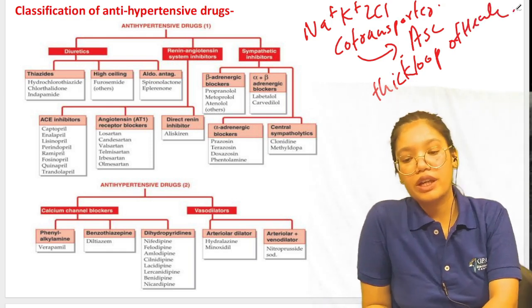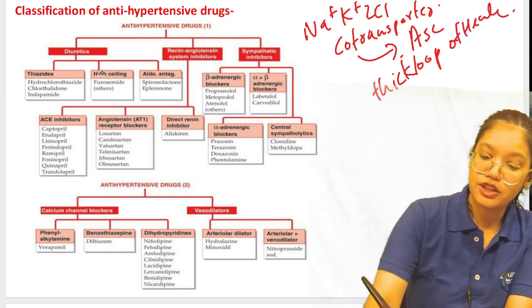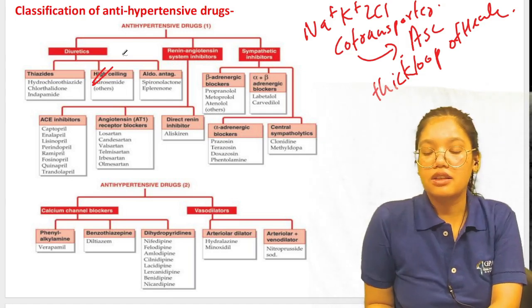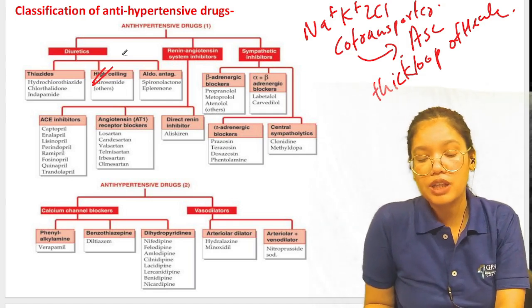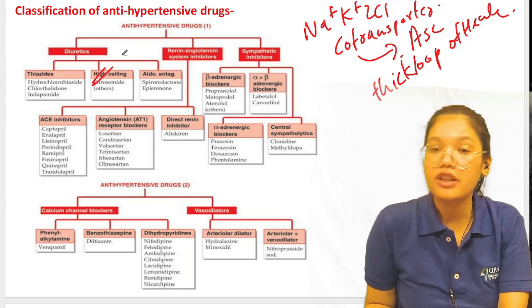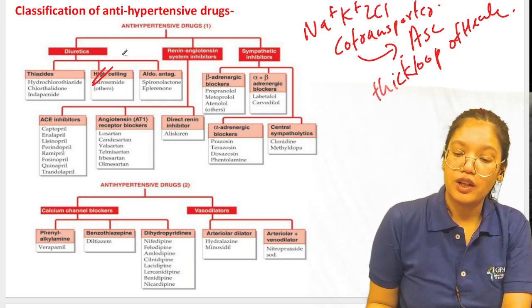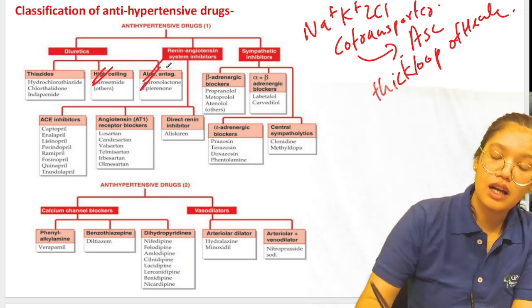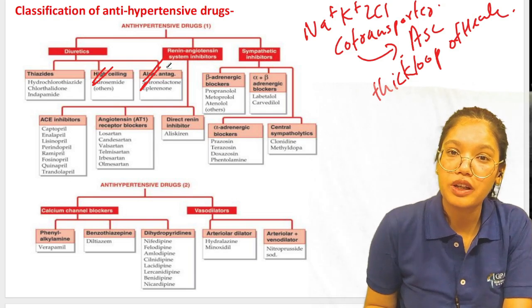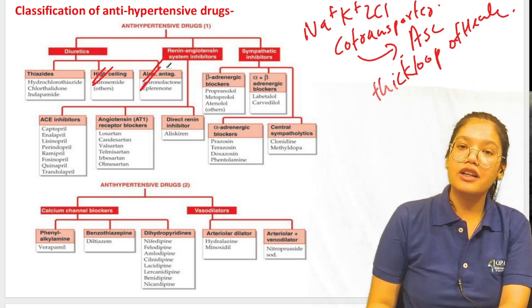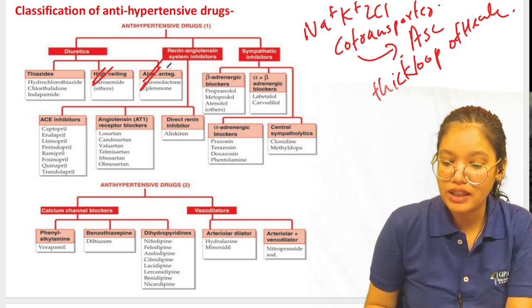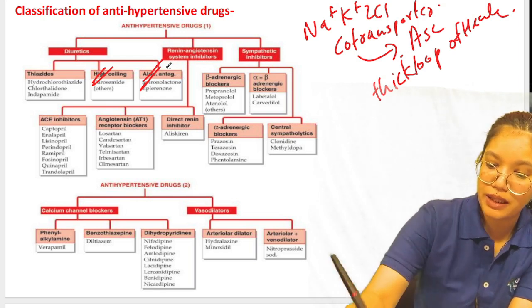Furosemide is the drug under this loop diuretic class, and it is the most potent type of diuretic that we have. The last one is the potassium sparing diuretics. They act at the collecting duct, and spironolactone is the example here.